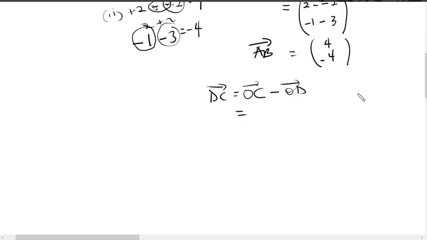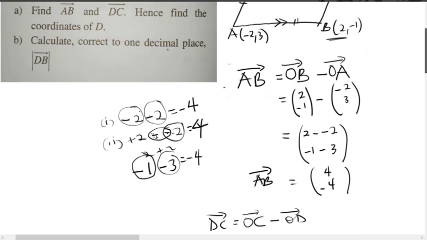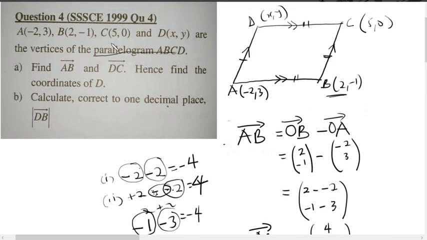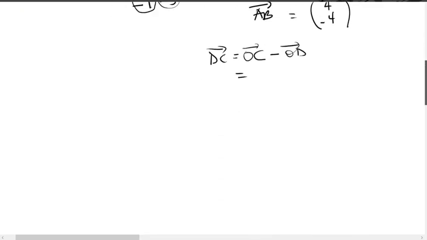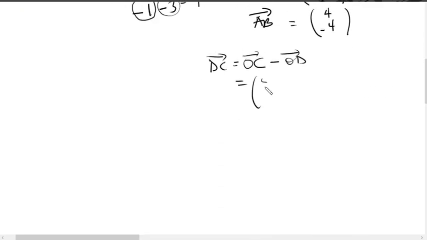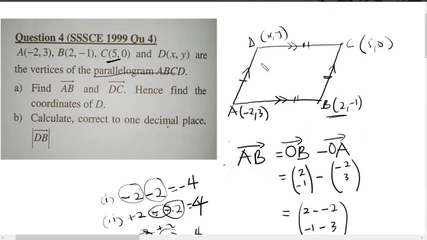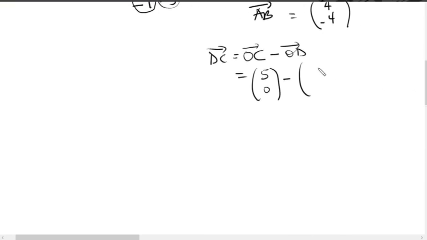So the vector OC, that is the point C, is (5, 0). Looking at the question, we have 5, 0. That is, the point C is (5, 0). So C is (5, 0) minus the point D. From the question, the point D is (x, y). So we write (x, y) here.